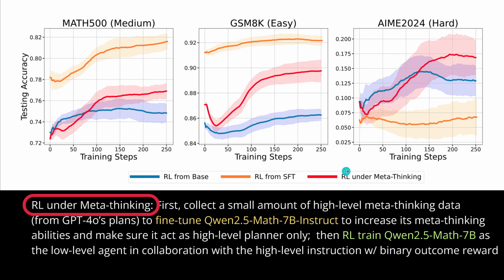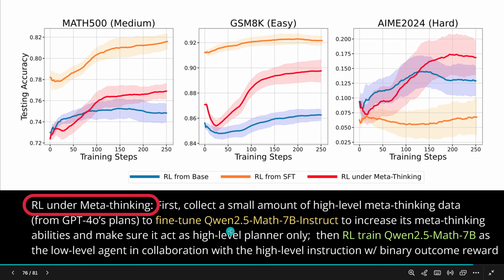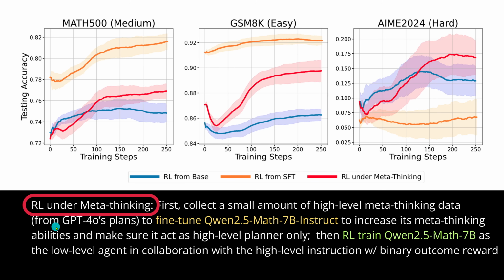Okay, now let's do the same and have a look at the best performer, the new topic, the main paper that we had a look at today, reinforcement learning under this meta thinking. So they start again, collect a small amount of high-level meta thinking data, again from GPT-4 Omni. And then they fine-tune a Qwen 2.5 Math 7B Instruct to increase its meta thinking abilities. This is the junior, this is the senior, and this is the junior.